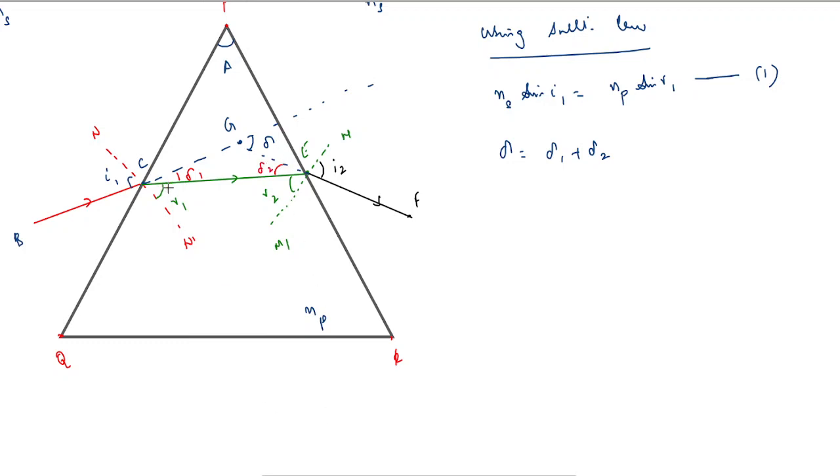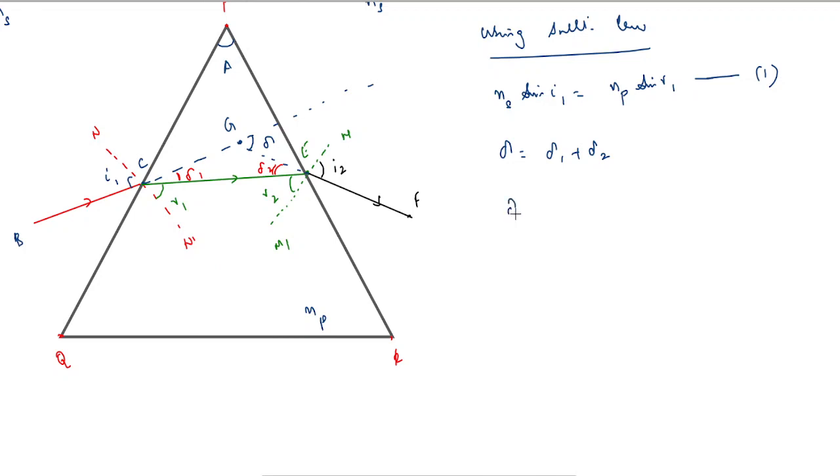Basically delta 1 is the angle of deviation for the ray BC when it falls on the interface PQ. That is, for this surface PQ, the light ray, instead of going along BG, goes along CE. So this is the deviation here, and also this is the deviation for the emergent ray.